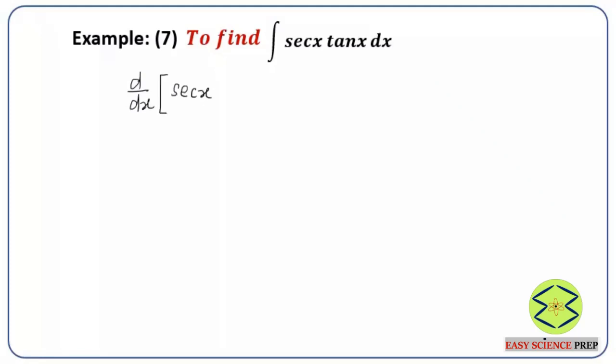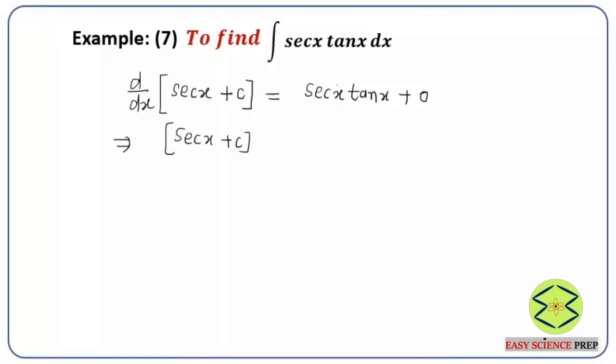You can also see some more examples. Here we wanted to find out the integration of sec x tan x. So we know that the differentiation of secant of x plus c is nothing but, if I differentiate secant of x, I'll get secant of x into tangent of x, and the derivative of c is going to be 0. So if I bring this derivative from left to right, you'll be getting secant of x plus c.